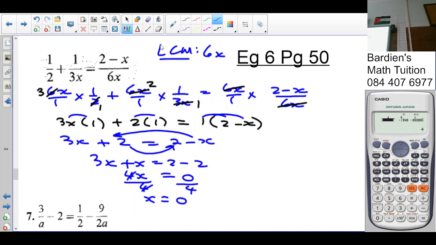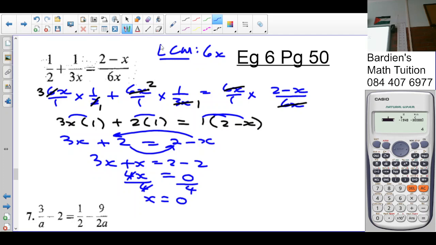Absolutely anything to the power of 0 is 1. But this is the power? No. If you look, the answer is 0 over 4. No. The simplest form is 0. So you must simplify.